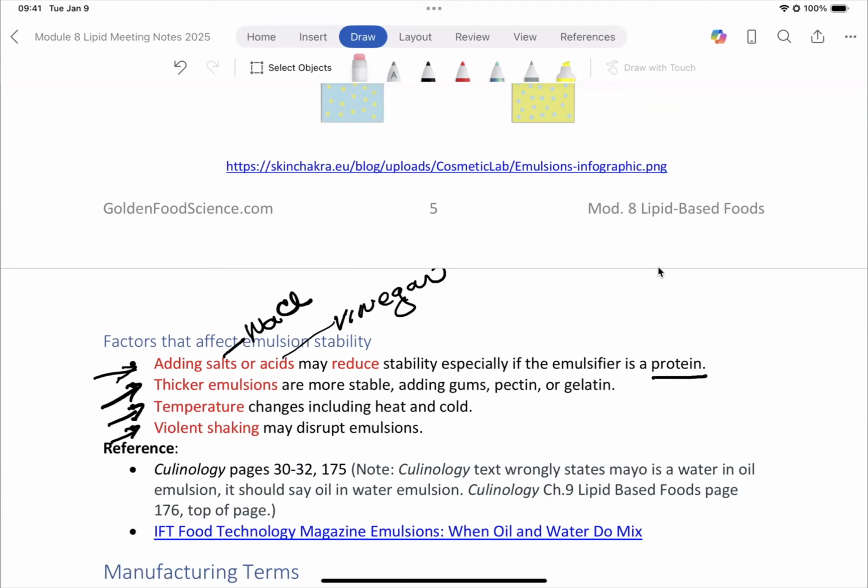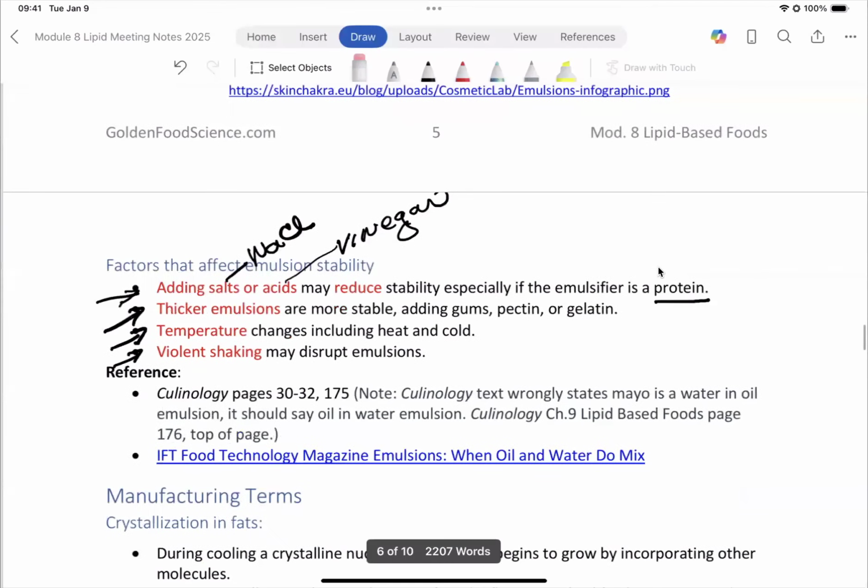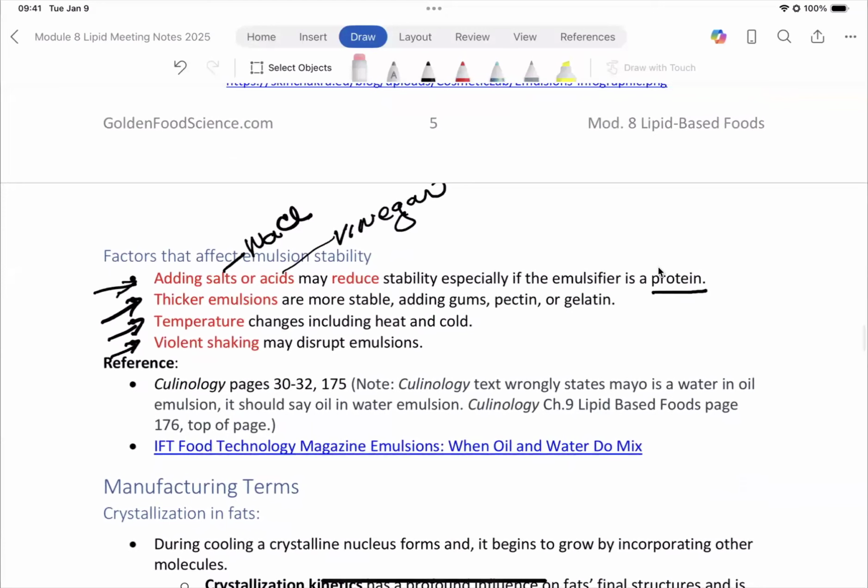That's really good. So maybe I'm a little wrong. I will look this up again and see if I can figure out what I wrote and clear it up. I will tell you there's a mistake in the culinology books.